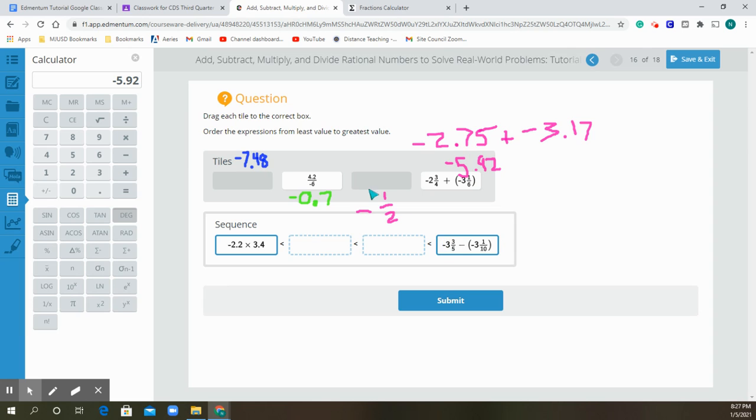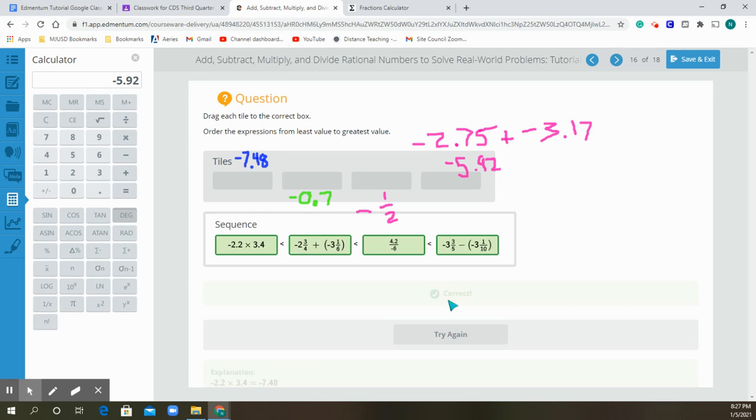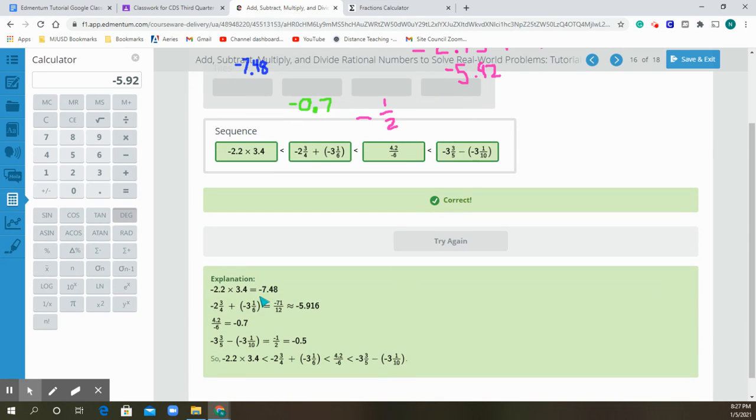So the greatest in value means most positive, closest to the highest value. That means this one comes next. And finally, this one in between. So negative 7.48, negative 5.9, negative 0.7, and negative 0.5. Try it again. Yes, correct.